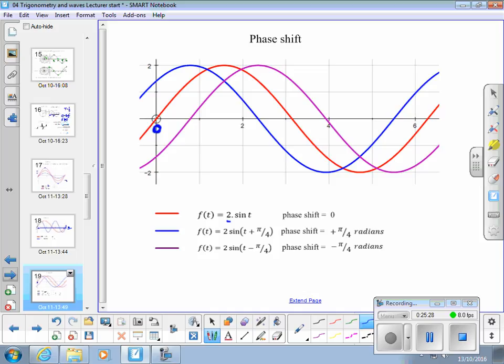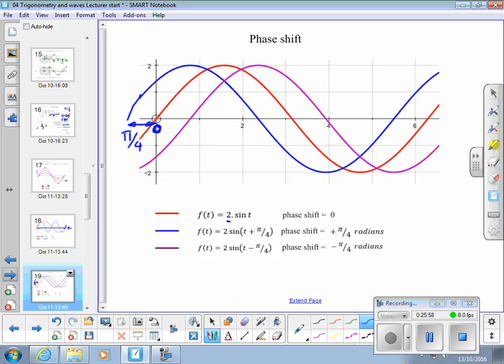The blue one has a positive alpha. What that means is it's got a phase shift of plus pi over 4 radians. It starts pi over 4 radians ahead. So if I extended that down, that distance in there is pi over 4 radians. It's ahead in time of the red one.